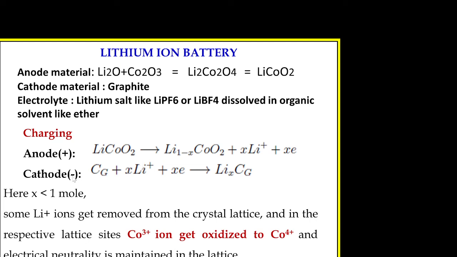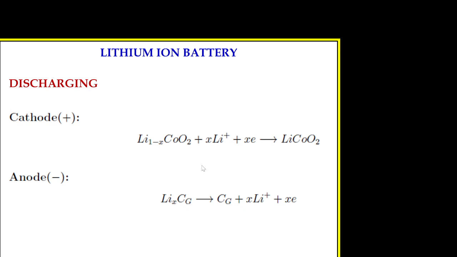Similarly, the negative electrode is the anode, where lithium atoms are removed from the graphitic layers and oxidized to lithium ions and electrons. So the positive electrode becomes the cathode and the negative electrode becomes the anode, and the reverse of the reactions happens.